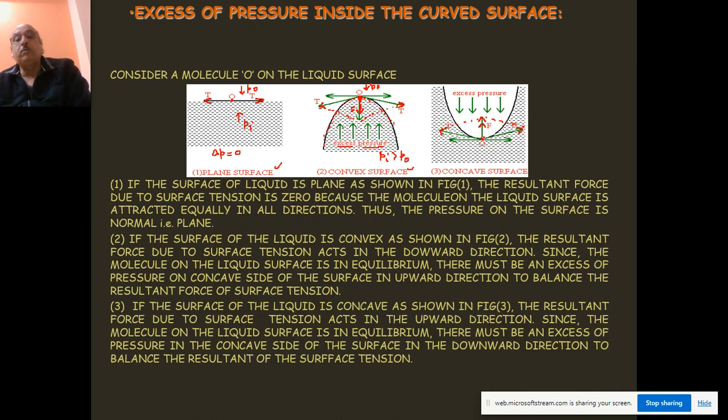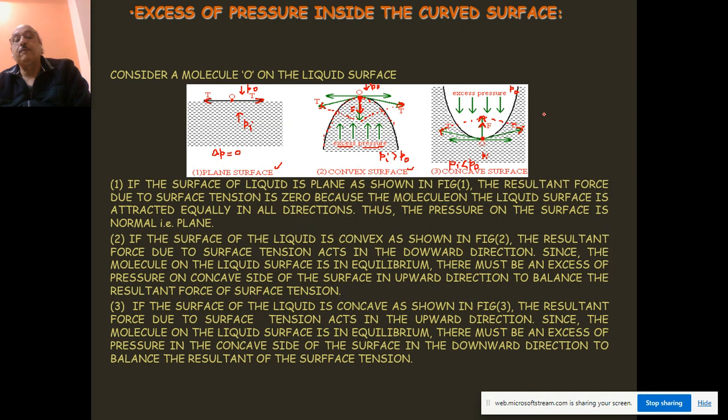To make it equilibrium, the upward pressure should be more than the lower pressure. It means the Pi is lesser than Po. Hence, the excess pressure here, if Pi is less than Po, it means excess pressure is vertically downward, which equalizes the force due to the surface tension.